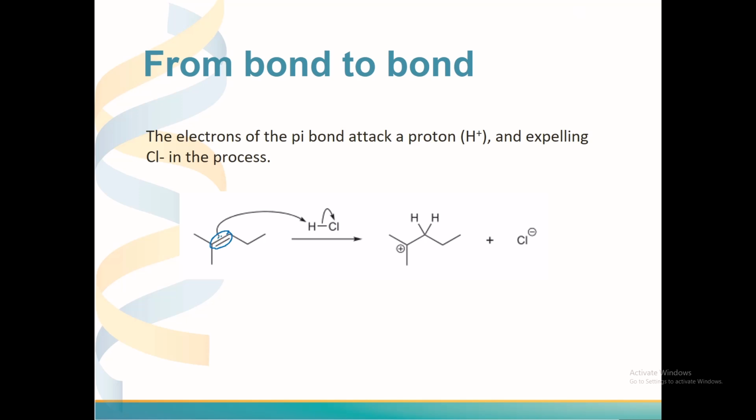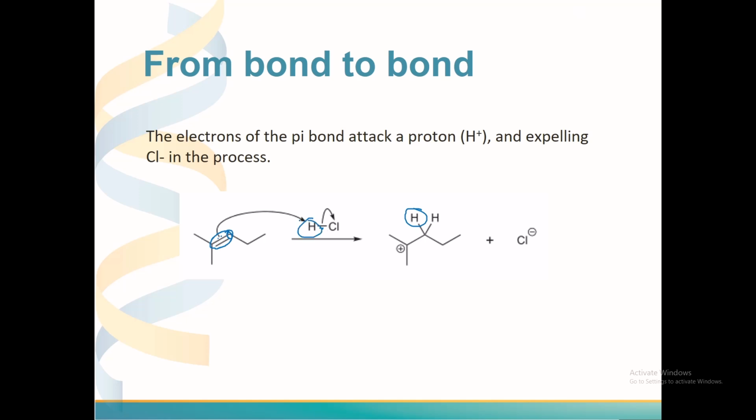This pair of electrons could attack this proton, the hydrogen. And then this pair of electrons here moves to the chlorine. So it's expelled, and then it forms a new bond with this carbon and the hydrogen here. Okay.